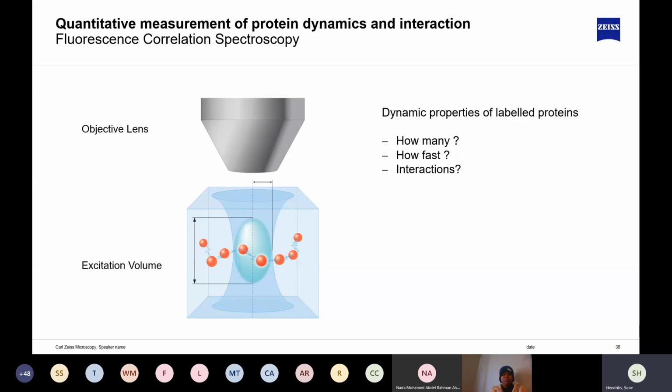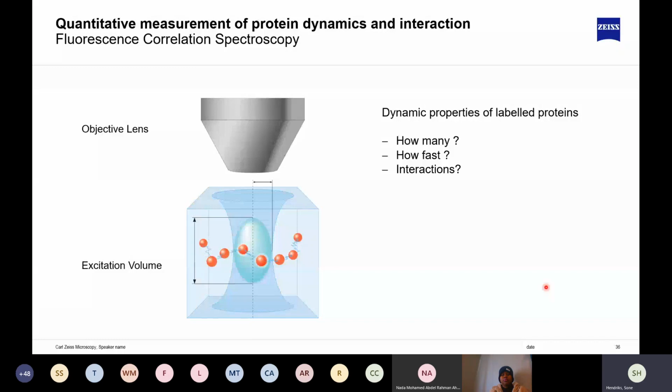So you can also, the exact precision of the LSM allows you to do quantitative measurements of protein dynamics and interactions through fluorescence correlation spectroscopy as well. In a nutshell, fluorescence correlation spectroscopy is monitoring the movement of a single fluorescent molecule through the excitation volume, and the measurement you acquire can help you determine the molecule's quantity and movement dynamics, as well as their association with other molecules.